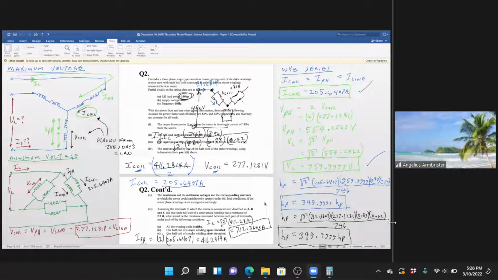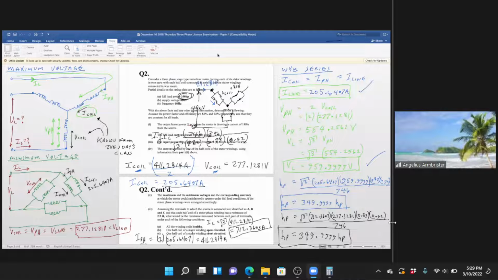So when I did the minimum voltage, it came to 349, which is 350. When I did the maximum, it came to 349, which is 350. So that means these values are, let me put them in red.